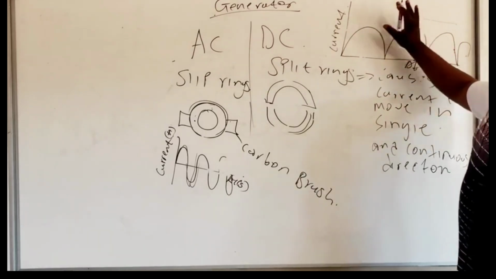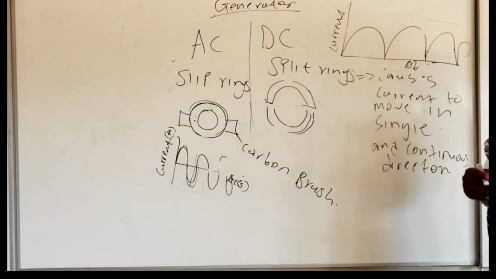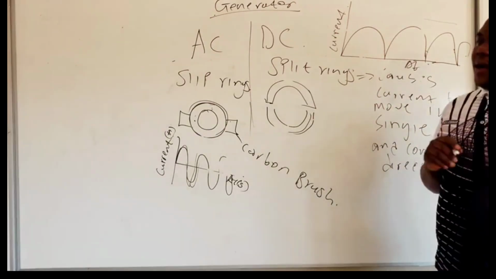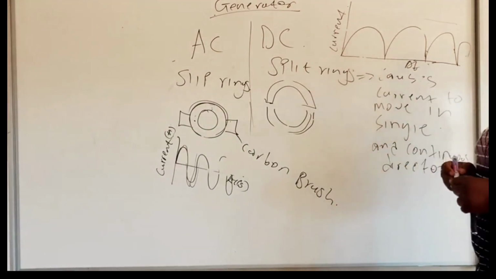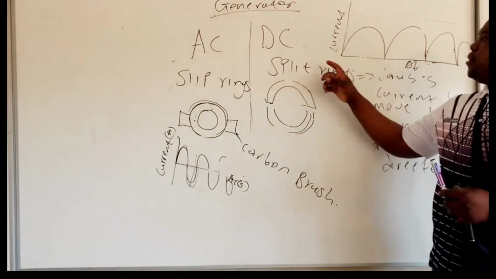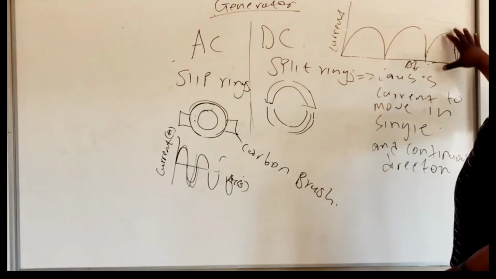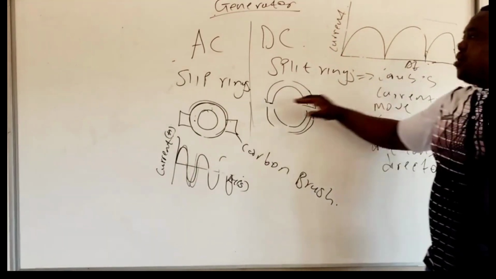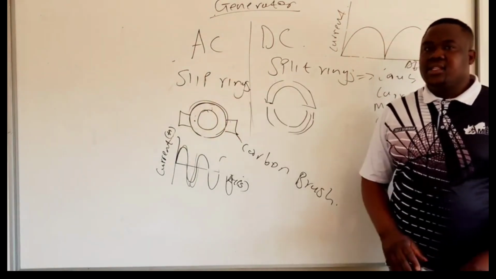I will explain these graphs in detail, telling you how you must draw them. For now, I'm just still explaining. So the split ring causes current to move in the same direction and continuously. But the slip ring causes current to alternate.